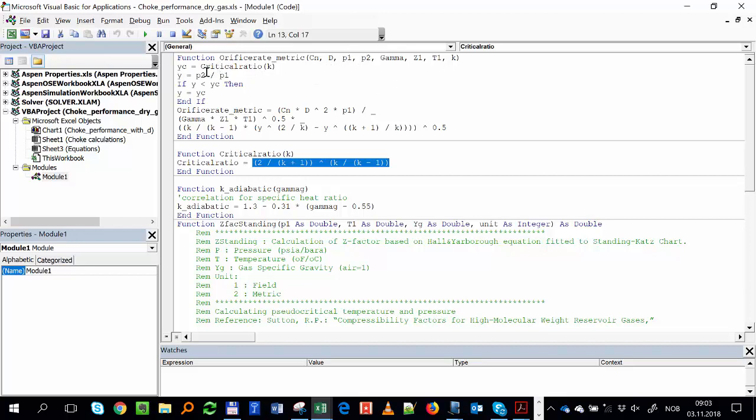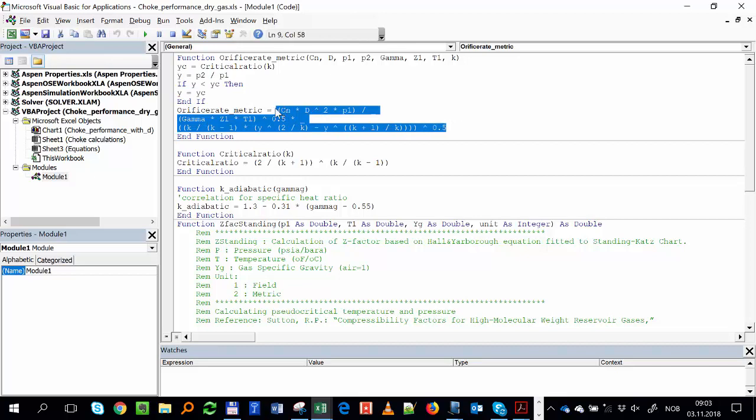Inside you see I have an if. If I'm above the critical flow, simply use the critical flow ratio, calculate that rate and report it, no problem. If not, I use the full equation, which is the equation that I wrote before. Cn, etc.